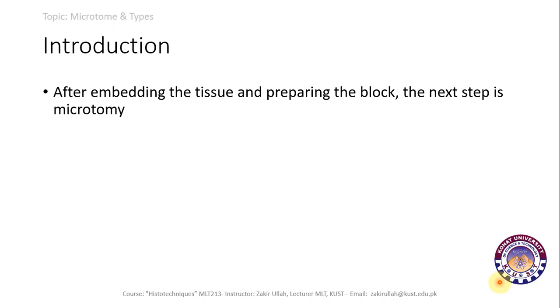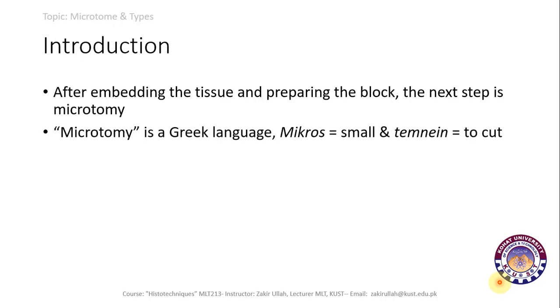When the tissue is embedded and the block is prepared, the next step after tissue embedding is microtomy. Microtomy is basically from the Greek language, where micro means small and temnein means to cut.